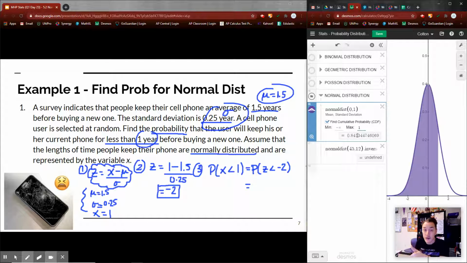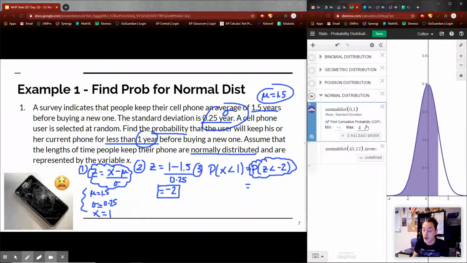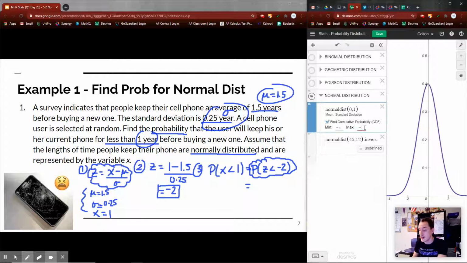However, I'm not going to use 1. I'm in a standard curve, 0 being the mean and 1 being the standard deviation. So I need to use my z-score here. But they mean the exact same thing. So now I go and change that max to a -2. And that is my actual answer.